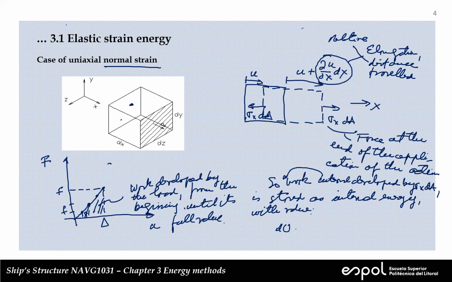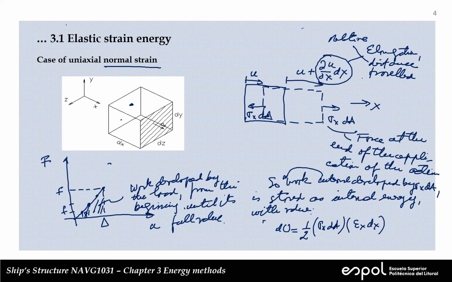That's going to be equal to what? 1/2, because we go increasing slowly the force until we finally reach the total value. We simply have to multiply the stress by the area, that's sigma x dA, that's the final force, and by the displacement, which is epsilon x dx.